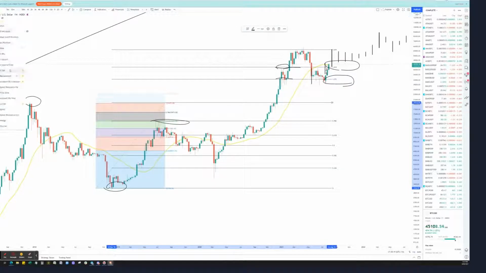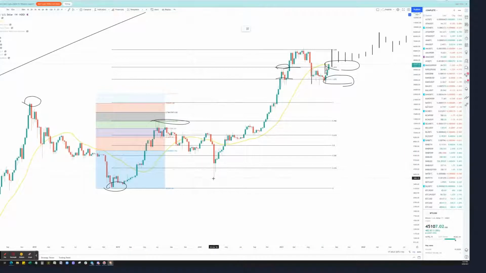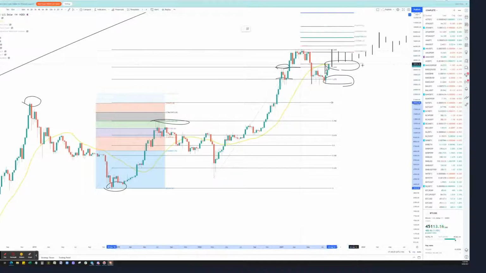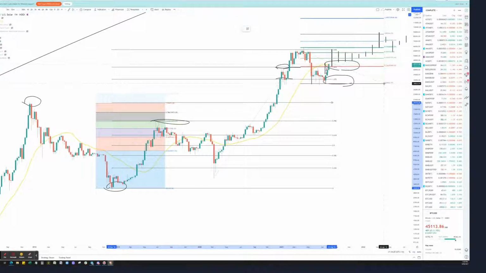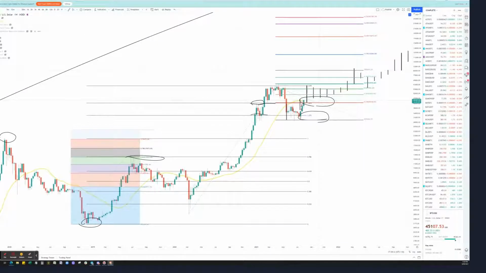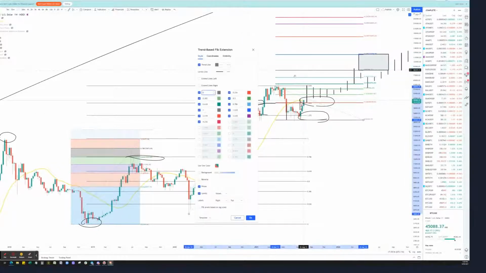And therefore, using the same method, swing low to swing high to swing low, we can potentially look at this area as 1 to 0.618 as the potential final destination. So here's a 0.618, so that was given. So 1 to 1.618 is the target in my mind for this market, for this cycle anyway.